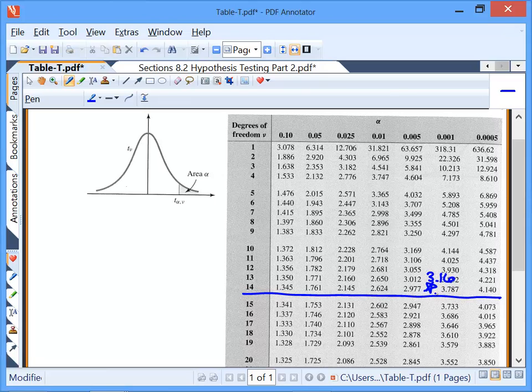So 3.16 is between these two t-values. What is the area in that tail? The area in that tail is between these two probabilities, 0.005 and 0.001.